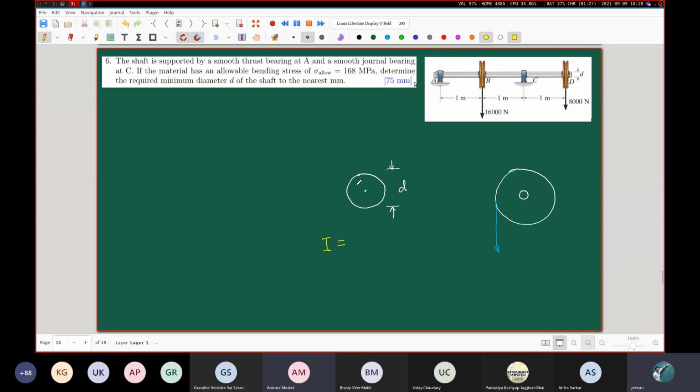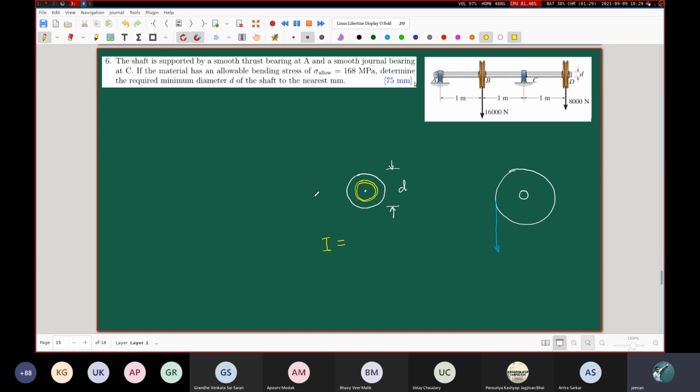You want to consider this kind of a small elemental ring, and then you want to cover the entire area, right? If you do that, what you are going to end up with is the second moment of area about this axis, which is coming out of the plane of the screen from this centroid. And what is that thing?